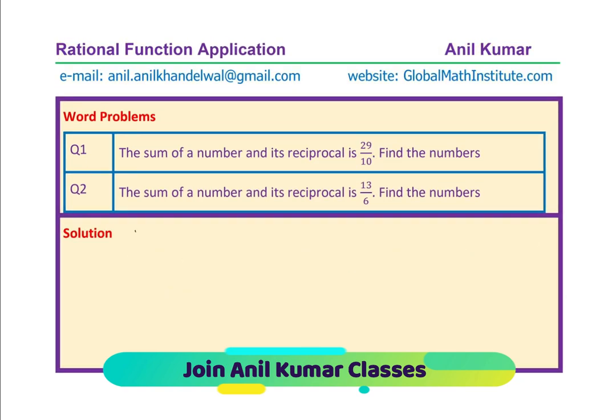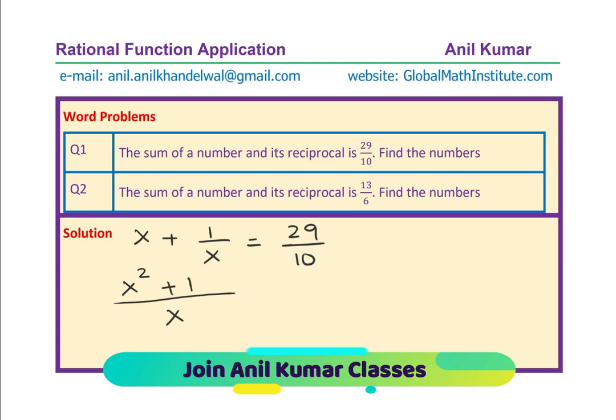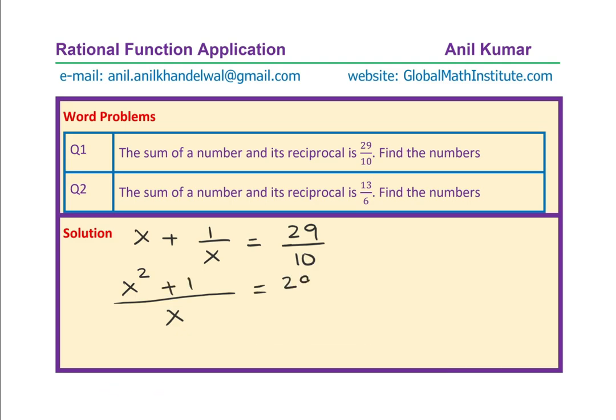So we wrote the equation x plus 1 over x equals 29 by 10, right? If I take common denominator, I get x here and then cross multiply: 10 times x squared plus 1 equals 29x.